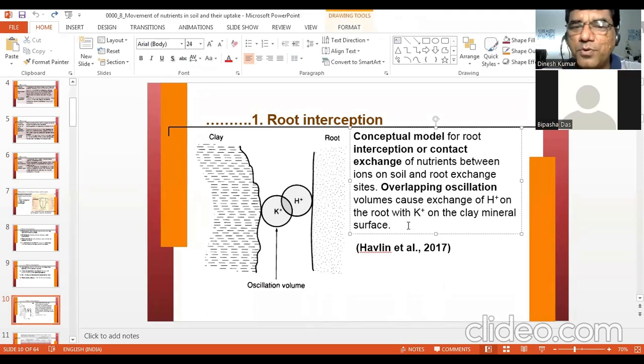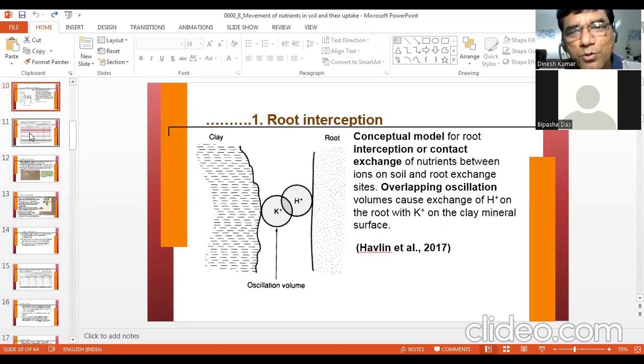So this is just shown to you: wherever the nutrient is, whether it is on the clay, on the humus, or in the soil solution, it will oscillate, it will start dancing or get attracted towards the root. And here you have hydrogen, it will also oscillate, and the circling area will increase. And once they dance or oscillate, they come in close contact and they exchange. One will come to the left, the other will go to the right or to the root. So this is very interesting, root interception, and hope you could follow it.